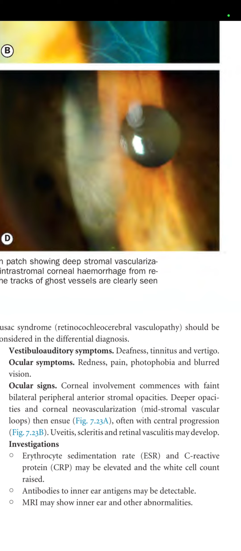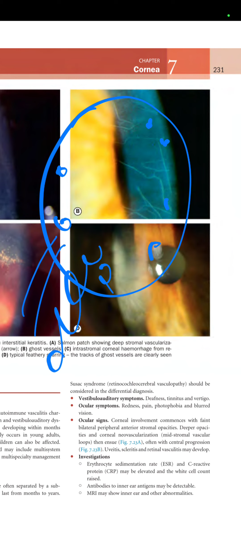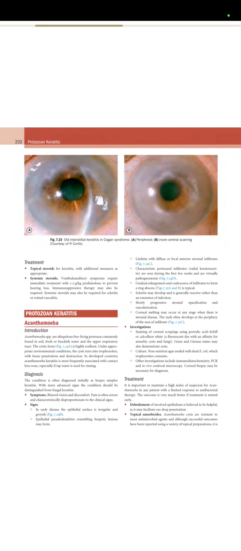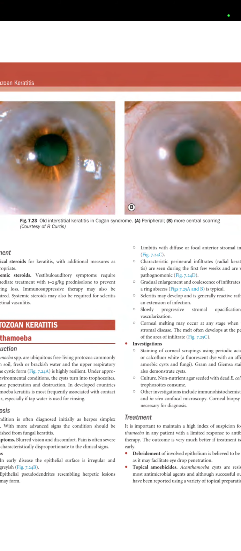So, in the case of the cornea, there will be anterior peripheral stromal opacities that can be associated with deep vascularization and deeper opacification. Sometimes it also involves the center of the cornea, but it is usually peripheral. So you can see figure 7.23 A and B. 7.23 is an old interstitial keratitis in Cogan syndrome. A is showing the peripheral region and B is showing the more central scarring.